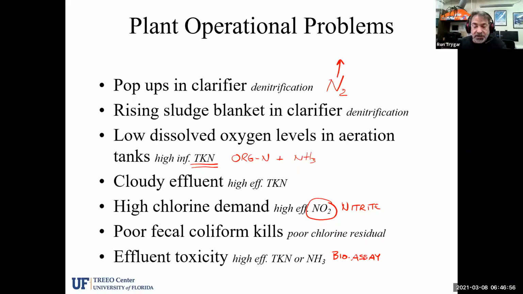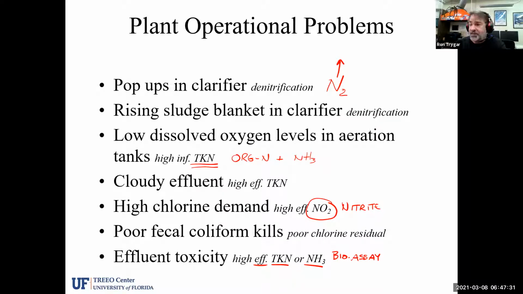We put some crustaceans and things like that in the water in different dilutions, and we try to see how many of these organisms will continue to survive, how many of them will grow in size, and how many of them will reproduce. There are different mortality rates. If we're failing effluent toxicity tests, sometimes the issue comes back to high amounts of effluent ammonia or even TKN in the effluent. So unfinished nitrogen species or incomplete nitrification can in some cases cause that.